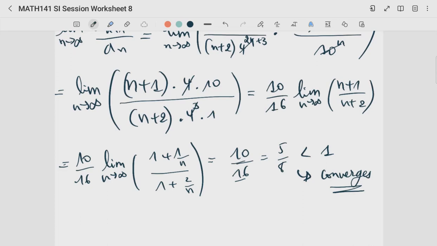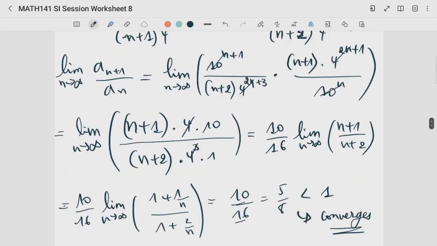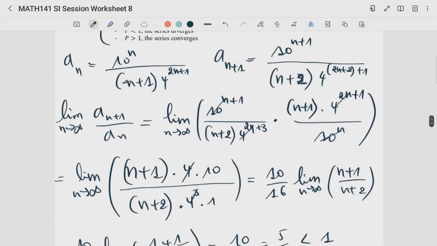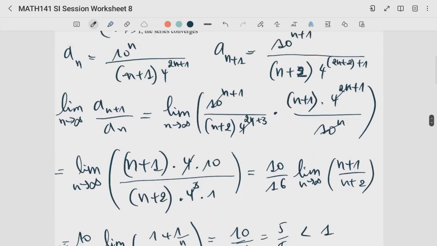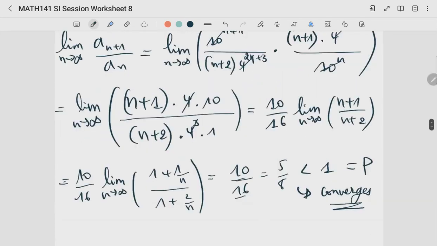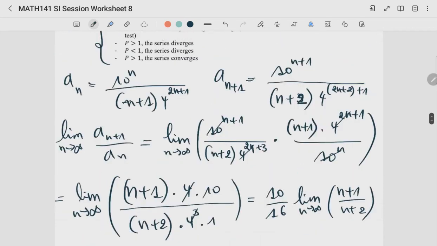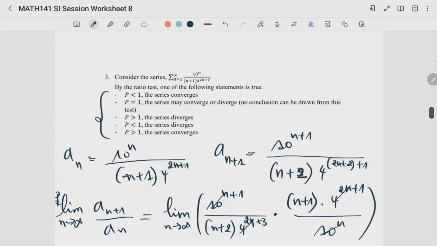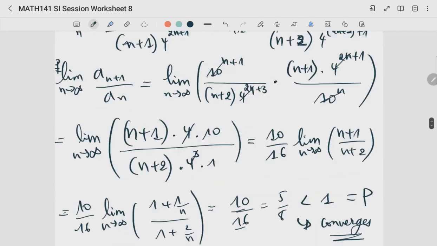Right. So now that's the correct answer there. Our limit is basically p here. This limit is often referred to as p, as you'll see in the options that are given there. So we know that our series converges.